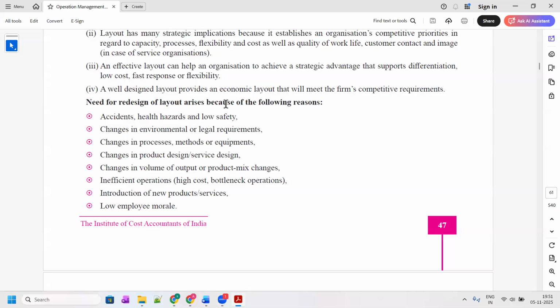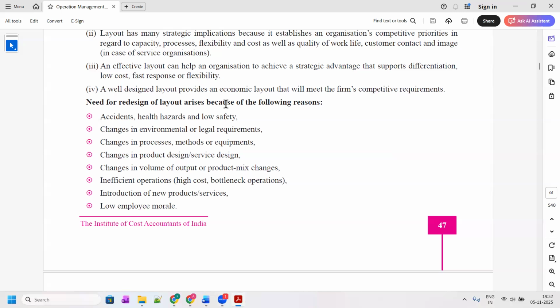If we feel that the layout is affecting environmental or legal requirements, then again it needs to be reworked. Also if there is a need for a change in process or method, equipment, change in product design, service design, change in volume of output or input, or product mix changes, or inefficient operations.